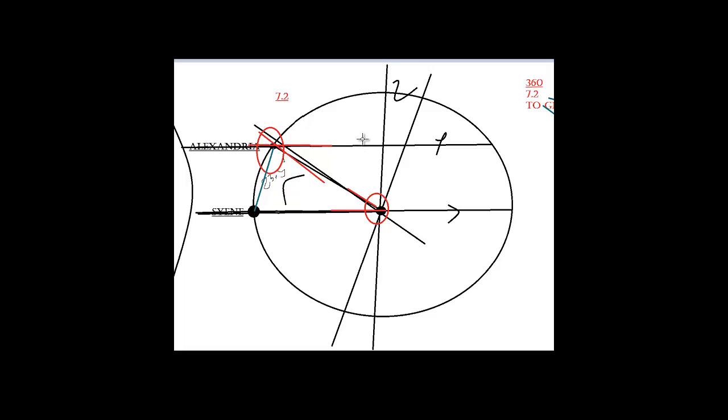And what he did from there is he did 360 over 7.2, and he got 50, which would mean 50 miles, 50 stadia, whatever he did. That would be 50, and he'd have to multiply that.